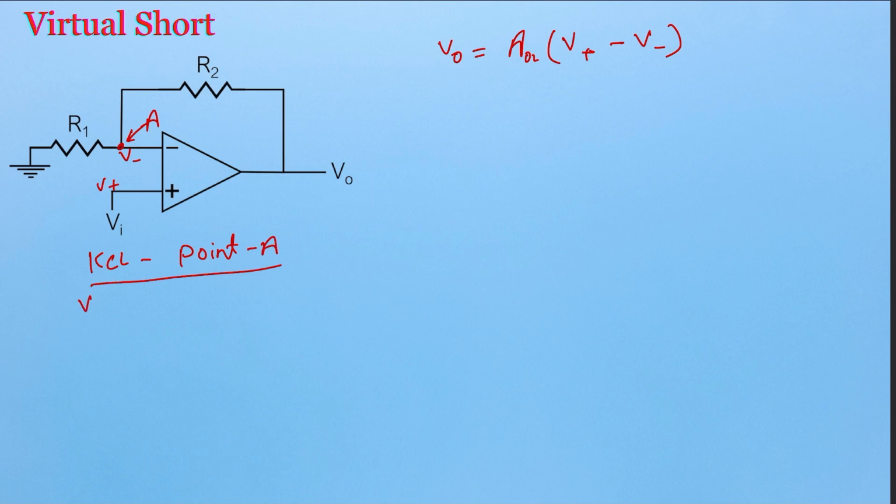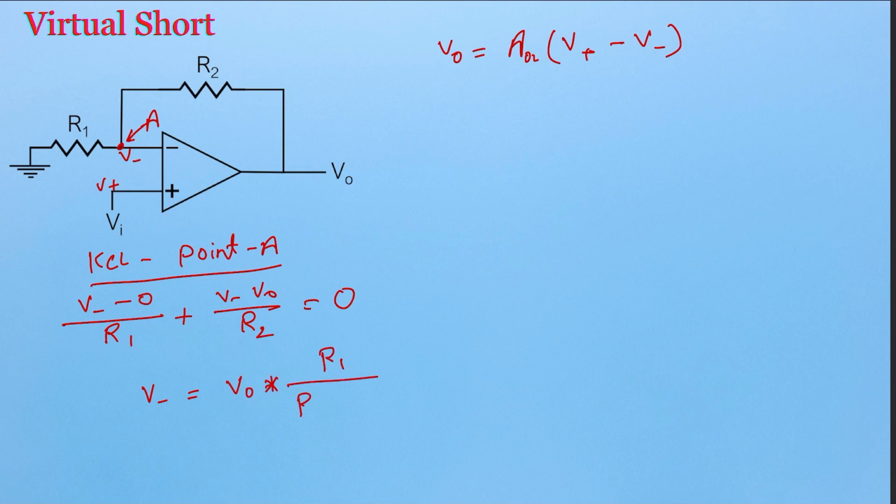We will get V minus divided by R1 plus (V minus minus V0) divided by R2 is equal to 0. So from here we get V minus is equal to V0 multiplied by R1 by R1 plus R2.